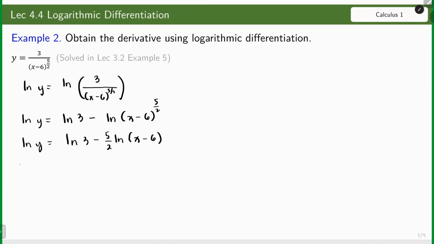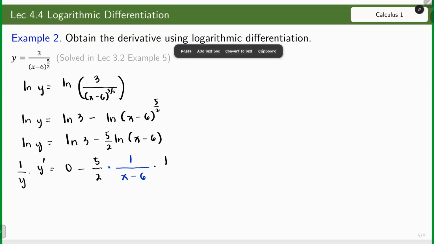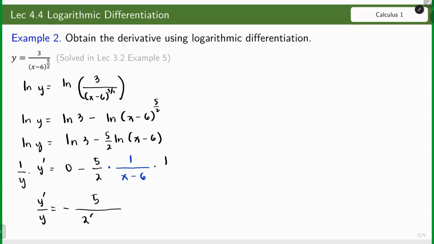The derivative is 1 over y times y prime is equal to 0 minus 5 over 2. And then the derivative of ln x minus 6 is 1 over x minus 6. And then multiplied by positive 1, the derivative of x minus 6. Let's simplify first. We have y prime over y is equal to negative 5 over 2 times the quantity x minus 6. Multiply both sides of the equation by y.